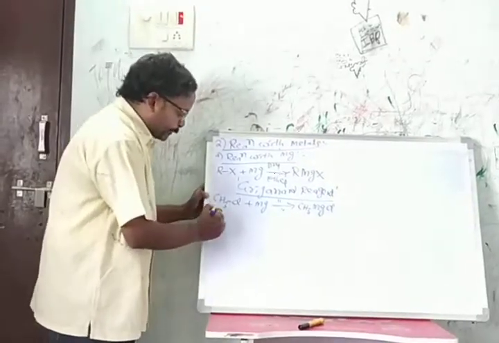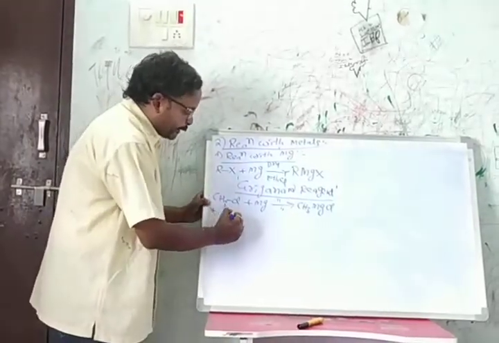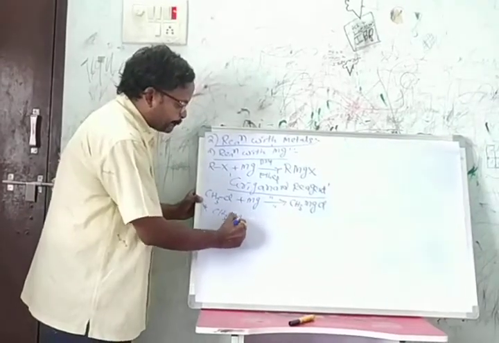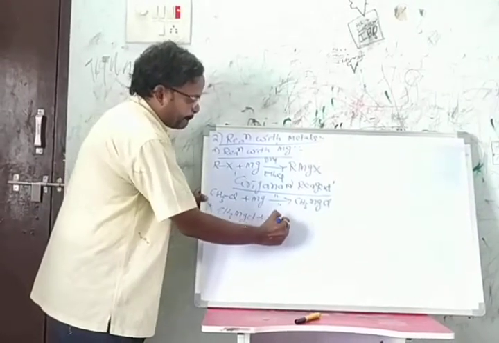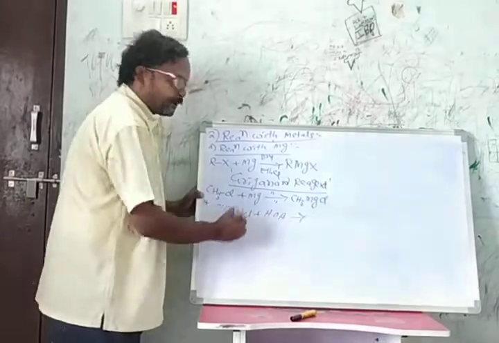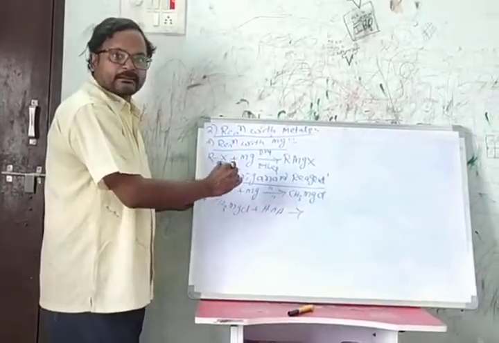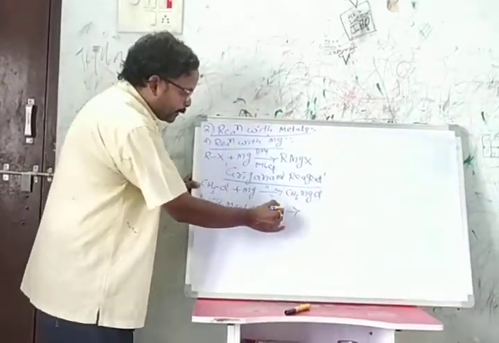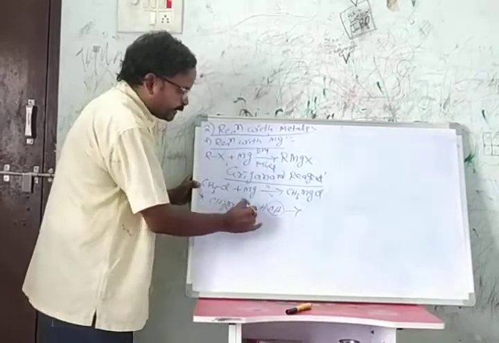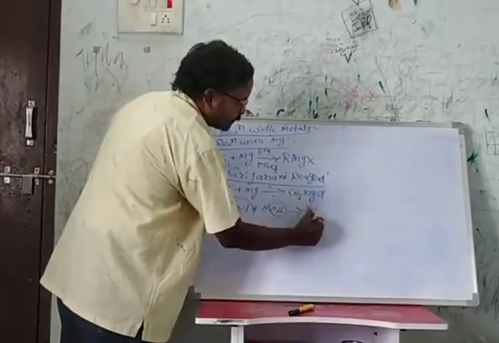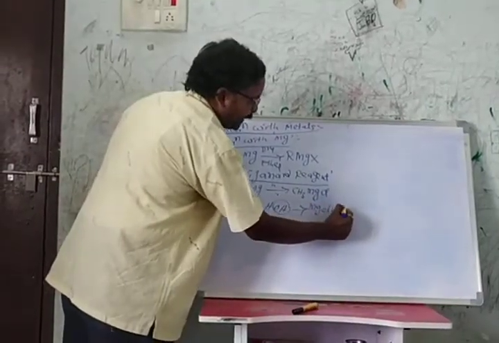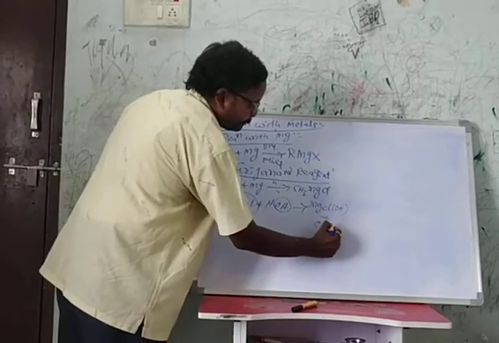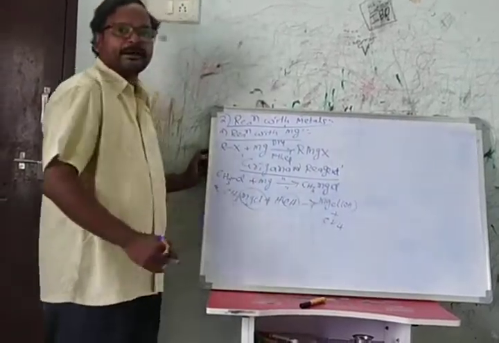Here one simple reaction is there. When Grignard reagent reacts with water, what happens? The OH and MgCl combine to form magnesium chlorohydroxide, and methane is formed. This is an important reaction.